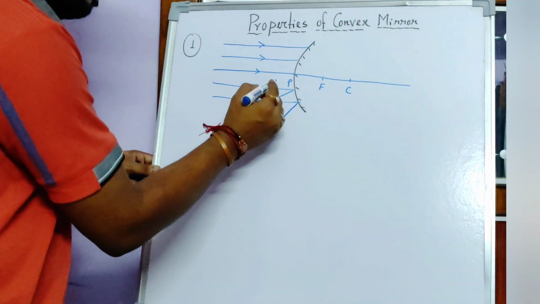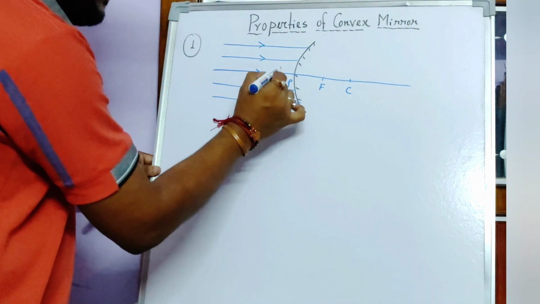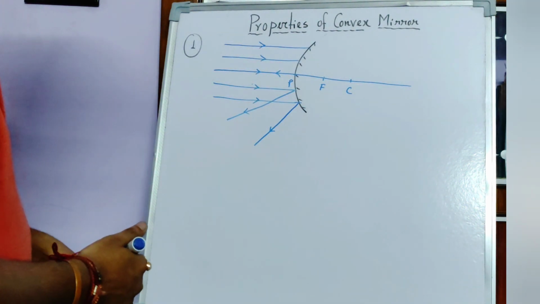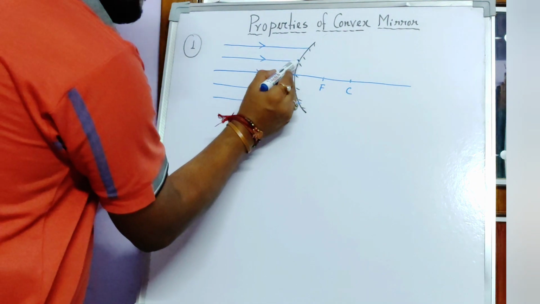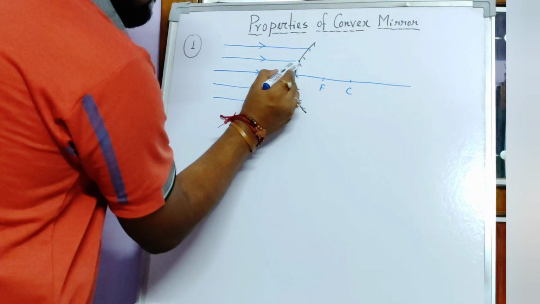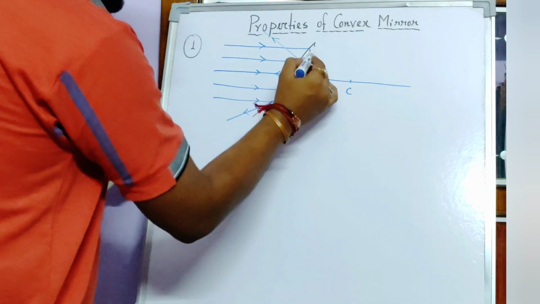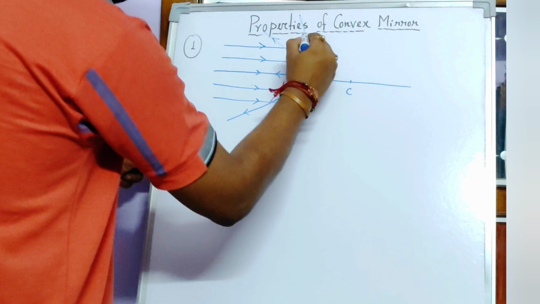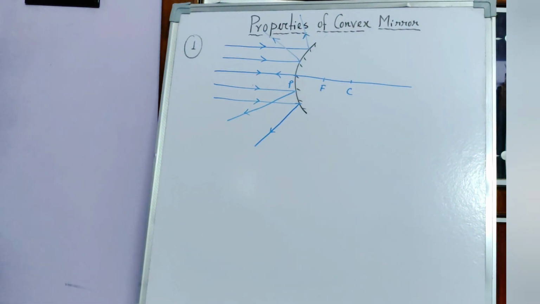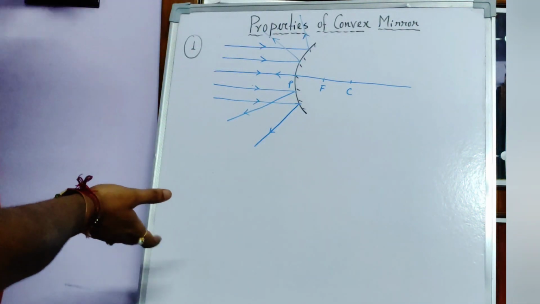This is the reflected ray, and the ray which is going through the principal axis will be bounced back through the same path, like in concave mirror I have explained in the last video. So at this point of incidence this will be reflected back like this, and at this point it will be reflected back like this. So basically you can see after reflection the rays will diverge.